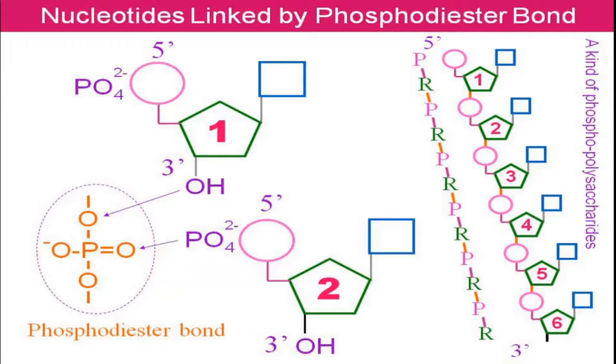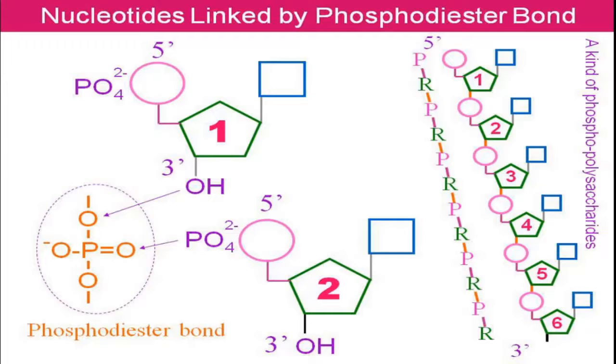Now, as I told you, nucleic acids are polymers made up of basic building blocks called nucleotides. So here we will see how the nucleotides are linked together to form the polymeric nucleic acids. Let us consider two nucleotides.